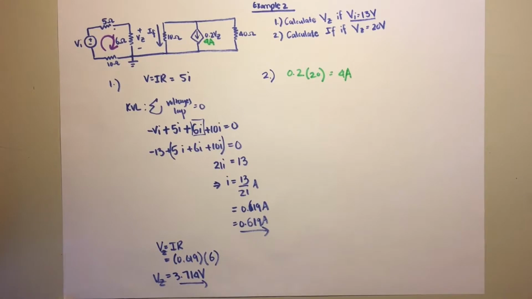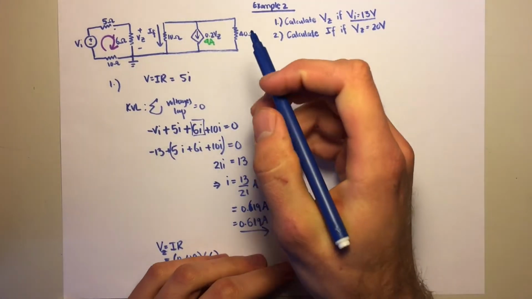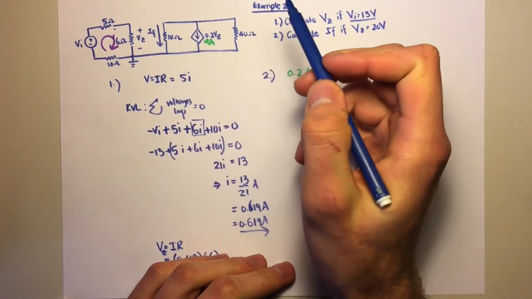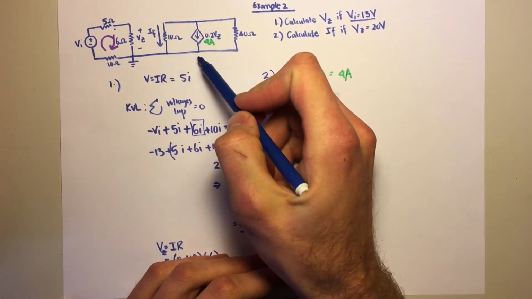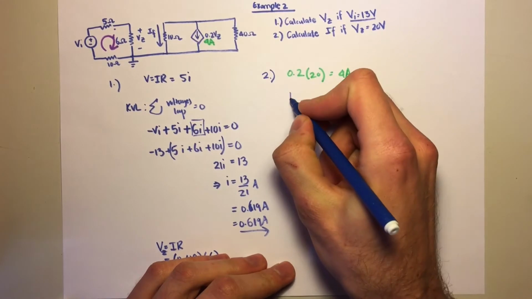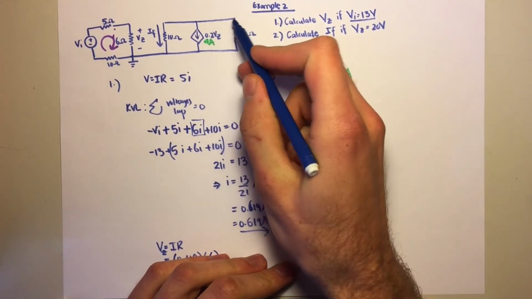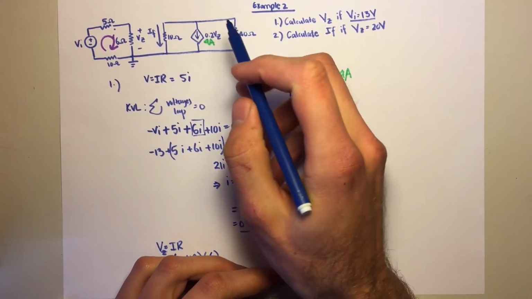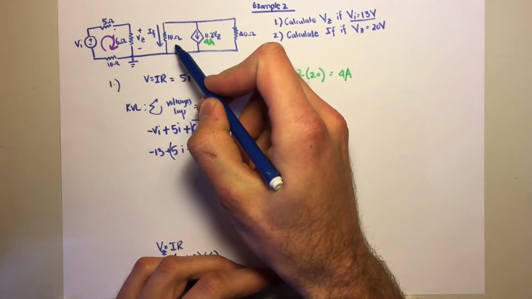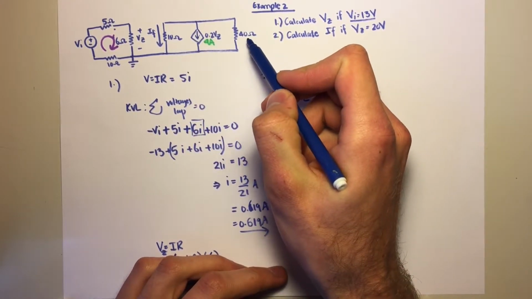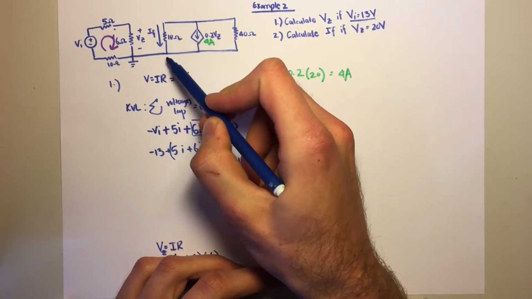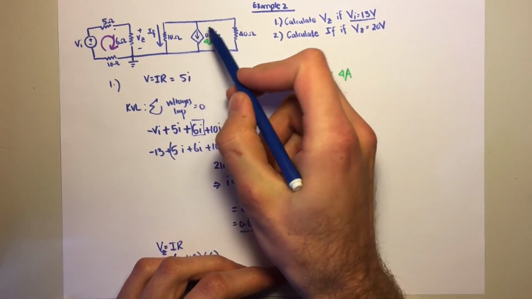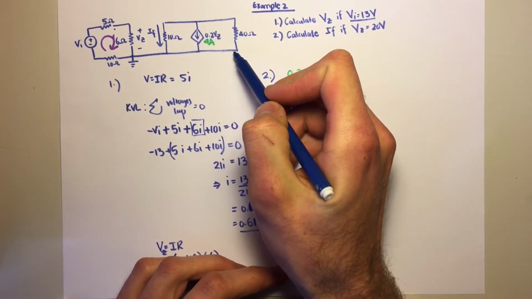Okay, so how can we calculate the current IF? Well, we know that the current there is IF and the current here is 4 amperes, so it implies that we have to do something to do with KCL, but we don't have the current there. Here's 10 ohms of resistance, and here's 40 ohms of resistance, and if the current through there is IF at 10 ohms, then the current through here would be 4 times less, because there's 4 times more resistance.